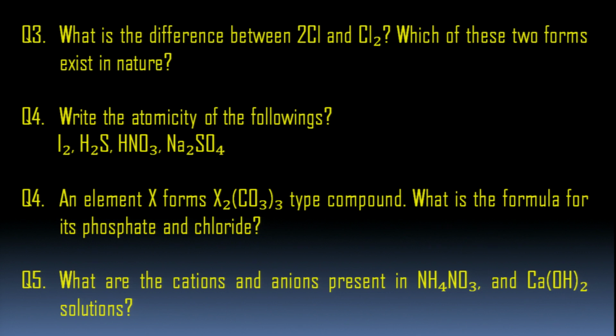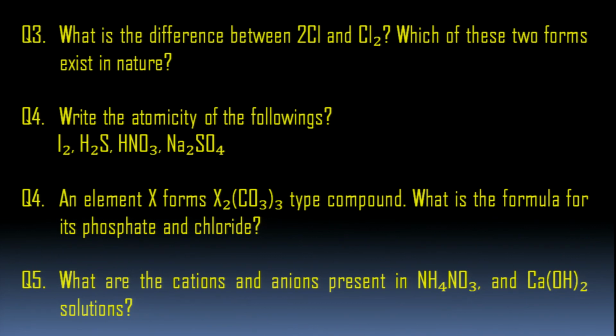Phosphate, PO4, you can just interchange the valencies, 3 minus. And chloride, you know the valency, 1 minus. You can interchange and you can find the formula for this. Okay. What are the cations and anions present in NH4NO3: NH4 plus, NO3 minus? And Ca(OH)2: Ca2 plus, OH minus. Okay. So you have to take down these questions and write the answers in your notebooks.